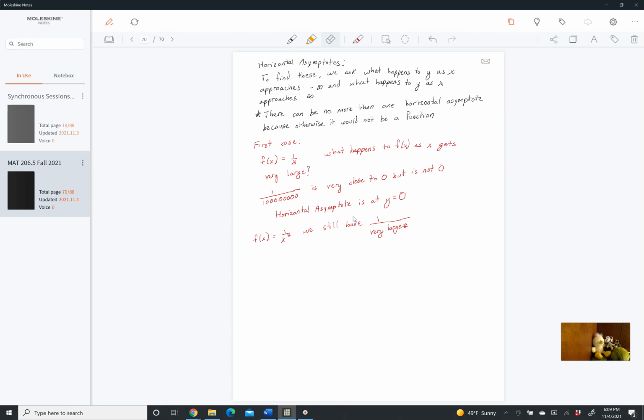Again, you take 1 cookie and you divide it into a lot of pieces. It's almost as if each person gets nothing, almost. Okay, you're getting an infinitesimal crumb, but we can't say that you're getting nothing. You're not. You're getting something. So again, it's very close to 0. We're approaching 0, but it's not 0.